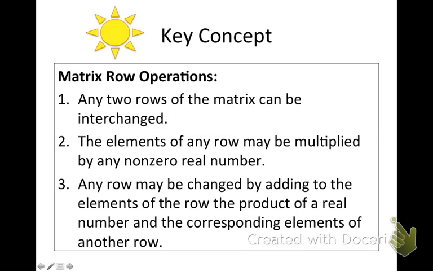All right, number 3. It's a big one. Any row may be changed by adding to the elements of the row the product of a real number and the corresponding elements of another row.